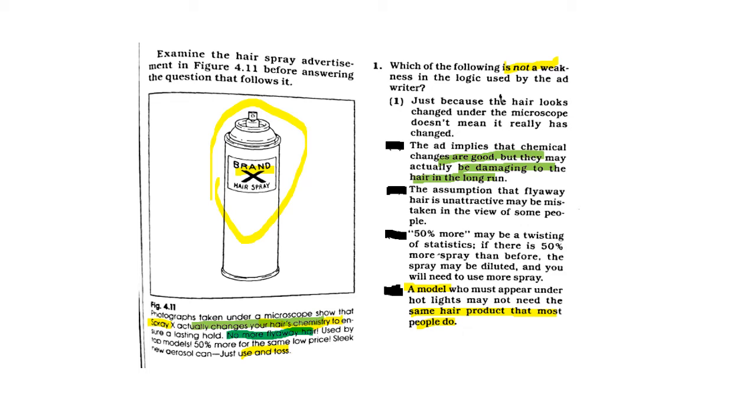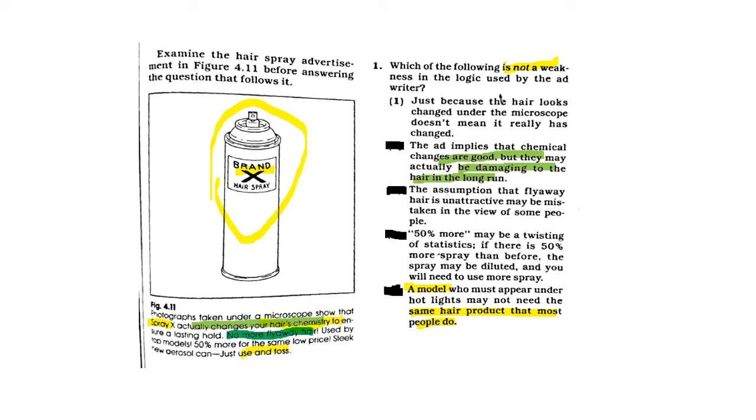Number 1, just because the hair looks changed under the microscope doesn't mean it has really changed. Well, this is not true. If you look under a microscope, you are looking at the molecules. If you're looking at the molecules, you should be able to see if there has been a chemical change or not. If the molecules have been broken down and the atoms have rearranged and new bonds have been made, then there's been a chemical change.